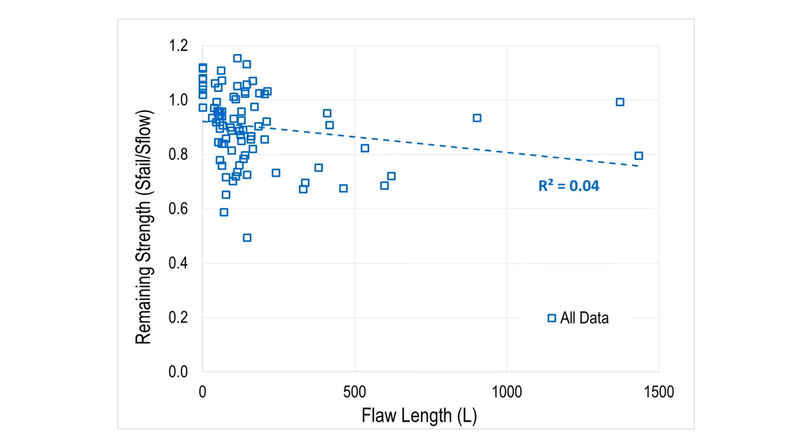You'll see that I've got an R squared value there of 0.04. Now that's really not a strong correlation. That really tells us that that trend line is somewhat meaningless when it comes to how much length affects the remaining strength. There is a little bit there, but really not as much as the Folias factor approach seems to be implying.